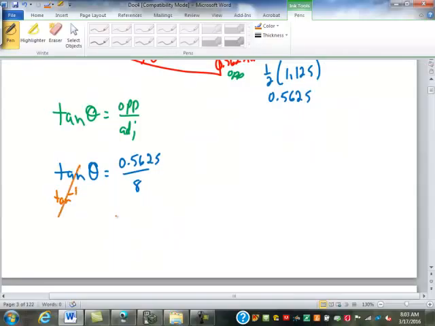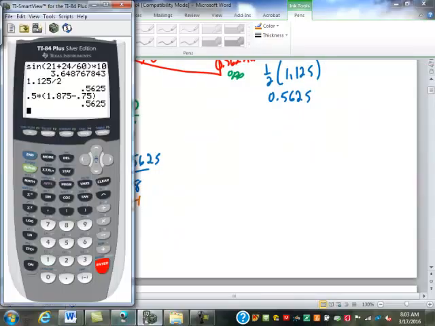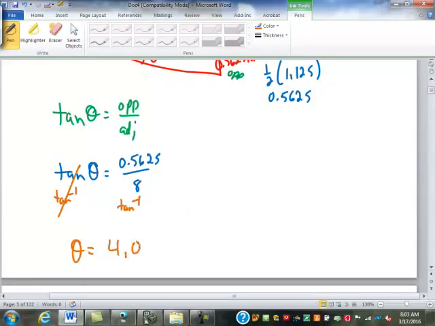So use the inverse tangent to get rid of the tangent. Use the inverse tangent of 0.5625 divided by 8 to get that our angle is 4.02 degrees. What do you think? Good stuff?